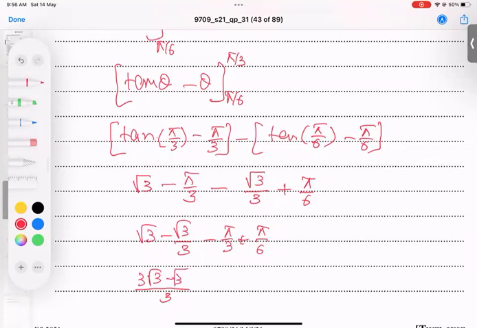And here you write plus over 6, so negative 2 pi plus pi. The ultimate answer turns out to be 2 root 3 over 3 minus pi by 6. And it also gives area, because integration gives units square. And this is my final answer.